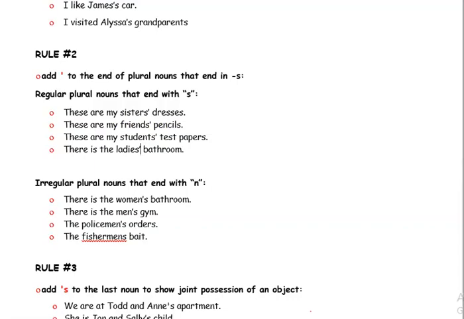Right? What if I want to say that the bathroom only belongs to one lady? Write that sentence out for me. Don't just give me the word, write the sentence. If I want to say that the bathroom only belongs to one lady, how would I write that? There is the space. Tell me what it is.